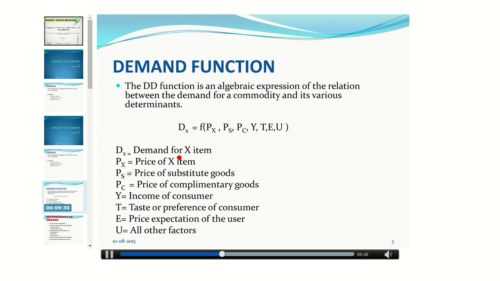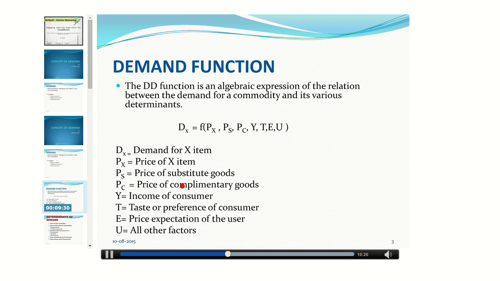Say bread is an x item, and the price of the x item is P. It is a function of the price, a function of the price of a substitute good, a function of the price of complementary goods, and the income of the consumer. T denotes the taste and preferences of the consumer, E is the price expectation of the user, and U are all the other factors.